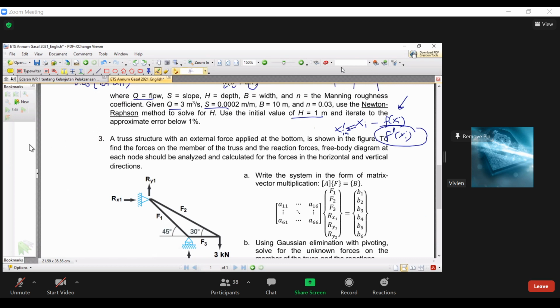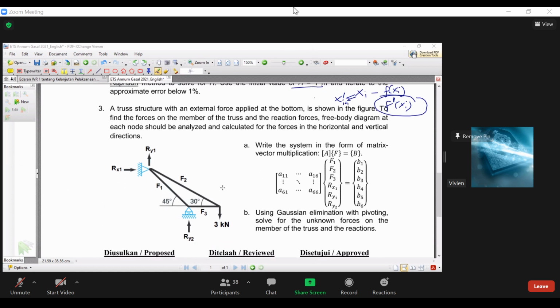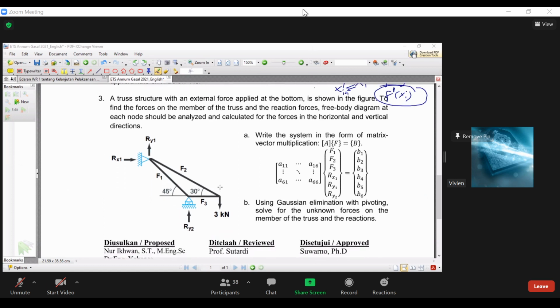Okay, so we see here that we have a truss structure with an external force applied at the bottom here, and we want to find the forces on the members of the truss and the reaction forces.